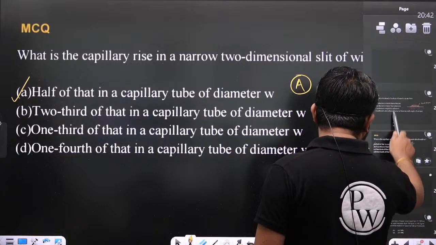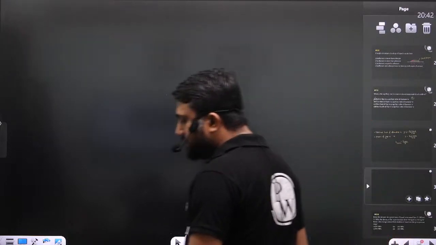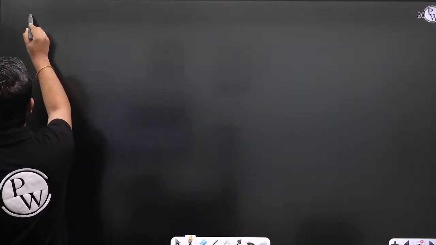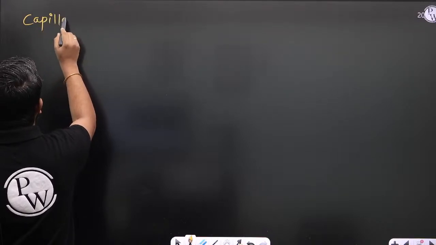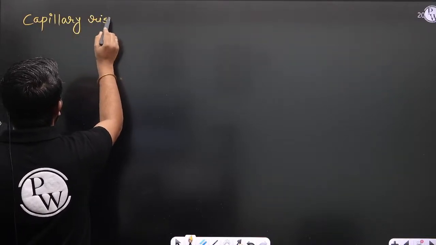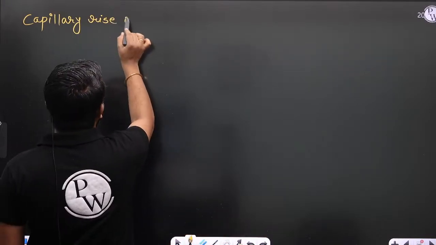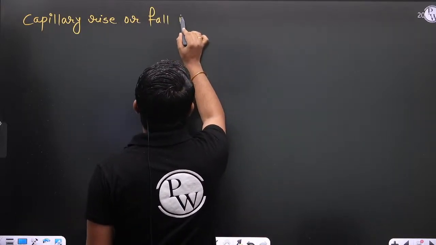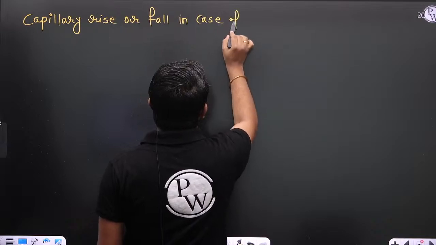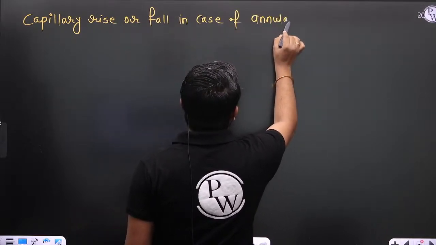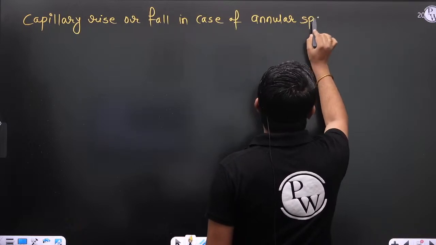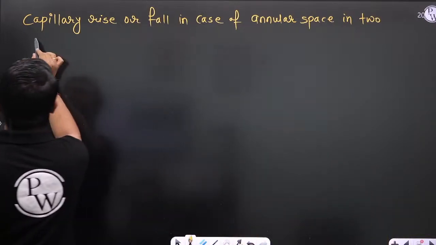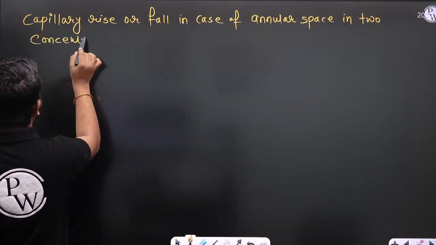Fine. Now can you calculate the capillary rise or capillary fall in case of the annular space in two concentric tubes?